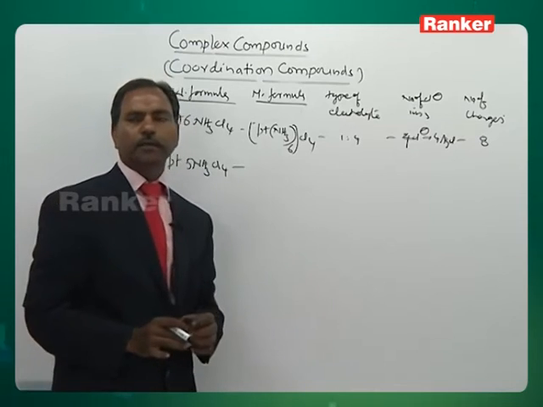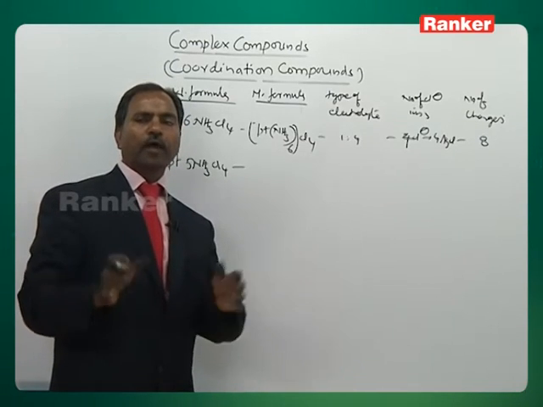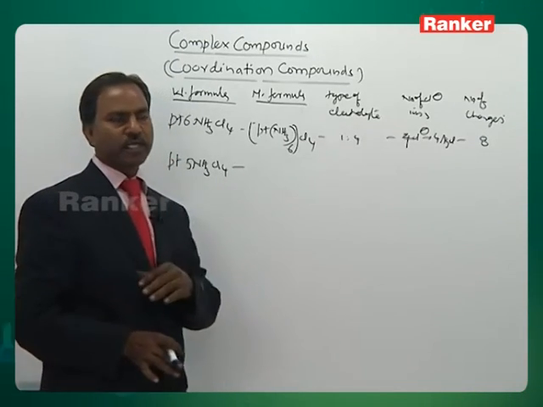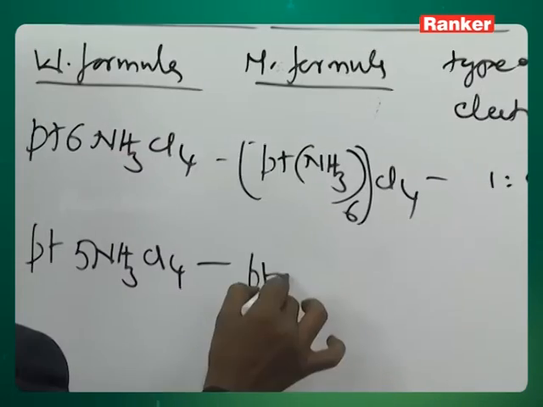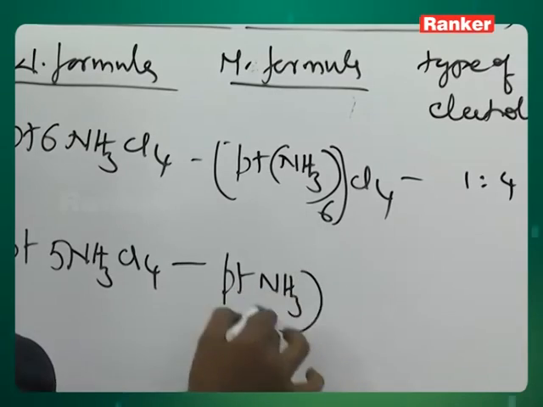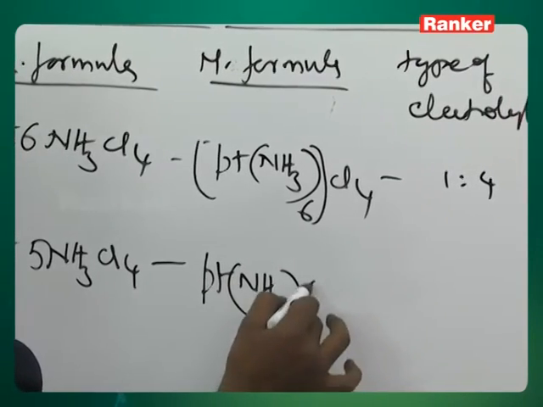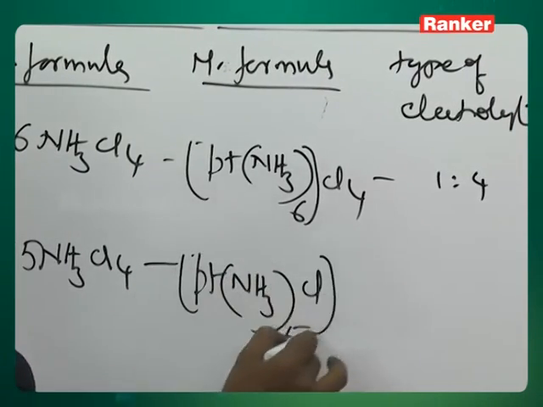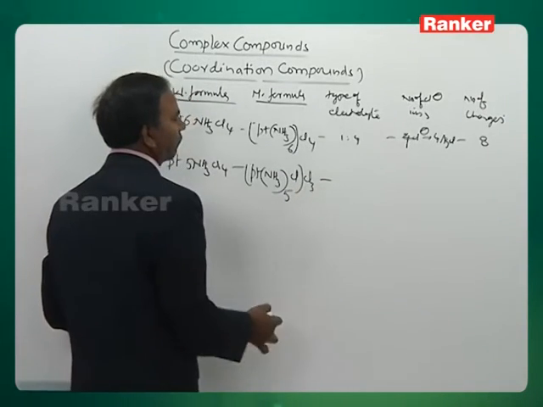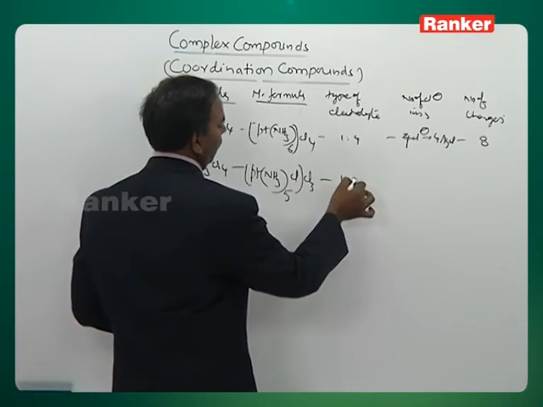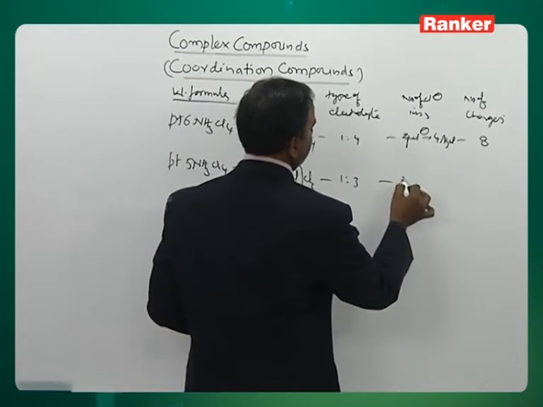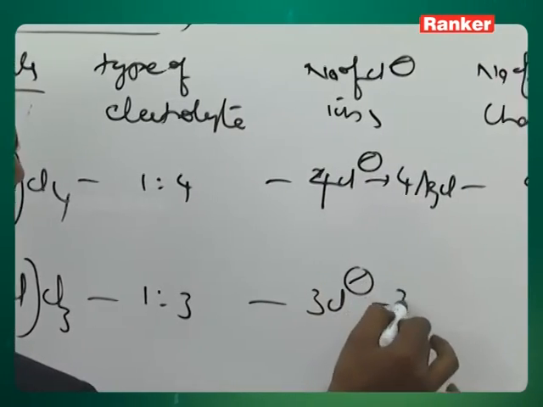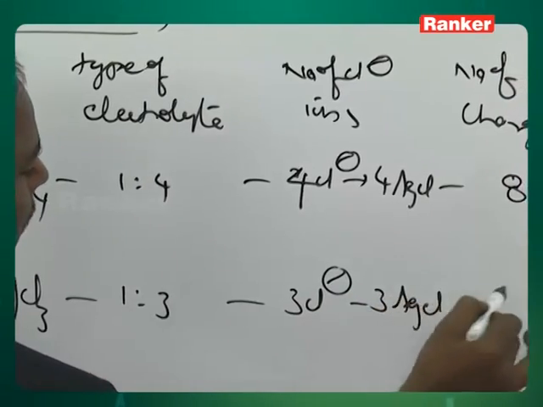Again, platinum oxidation number is 4 and primary valence is 4, secondary valence is 6, right? But only 5 amines are there. One of the chloride ligands you have to write inside the bracket: Pt, NH3 taken 5, Cl. 3 chlorides are outside. Then it is a 1:3 electrolyte, and the number of chlorides precipitated will be 3 Cl minus in the form of 3 AgCl.